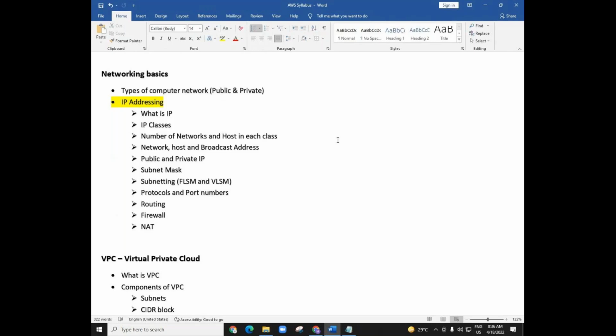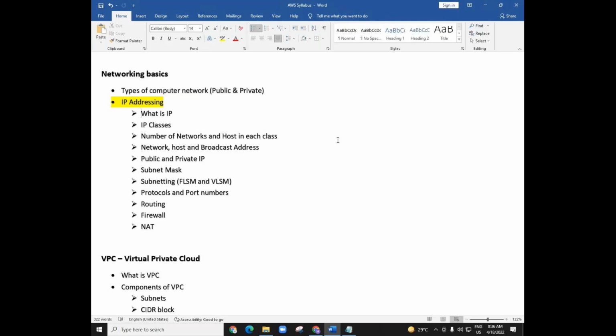Whenever you are learning any course related to computer networks, IP address will remain the most important part in that particular technology. If you know IP address very well, friends, the remaining concepts will be easy for you to understand.